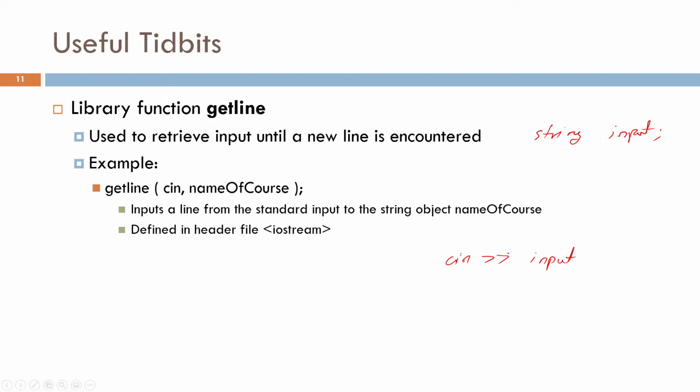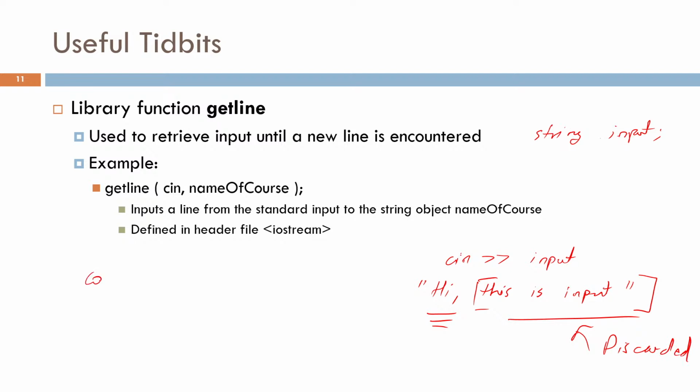So let's say if we're using it like that, and in our input, when we type in our string, we want to put like hi, comma, this is input. When you use the cin function, all you're going to get is this part here. Everything else, from the space onwards, is going to be discarded.